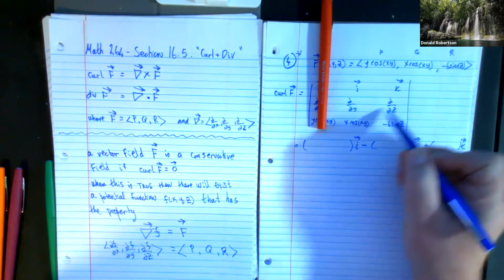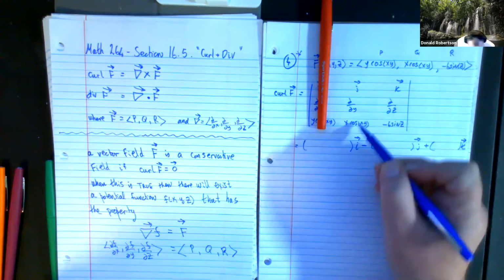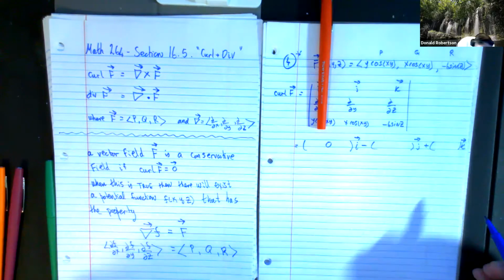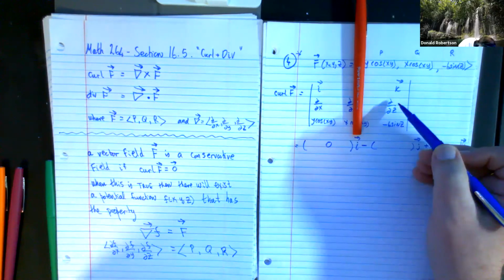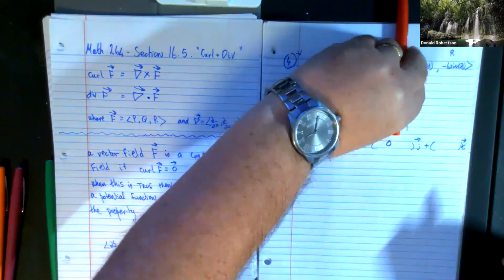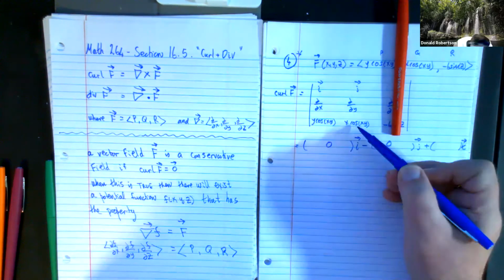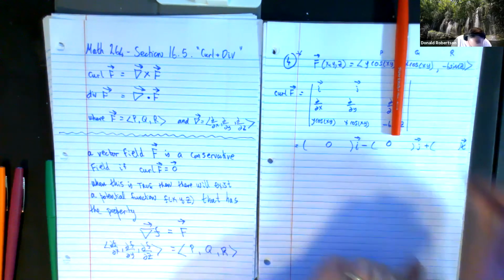Take away. Oh, that was easy. Middle one, 0. Ooh, that's scary. I guess I'm going to have to do a partial derivative of this with respect to x. That's something I don't think I can really do in my head.